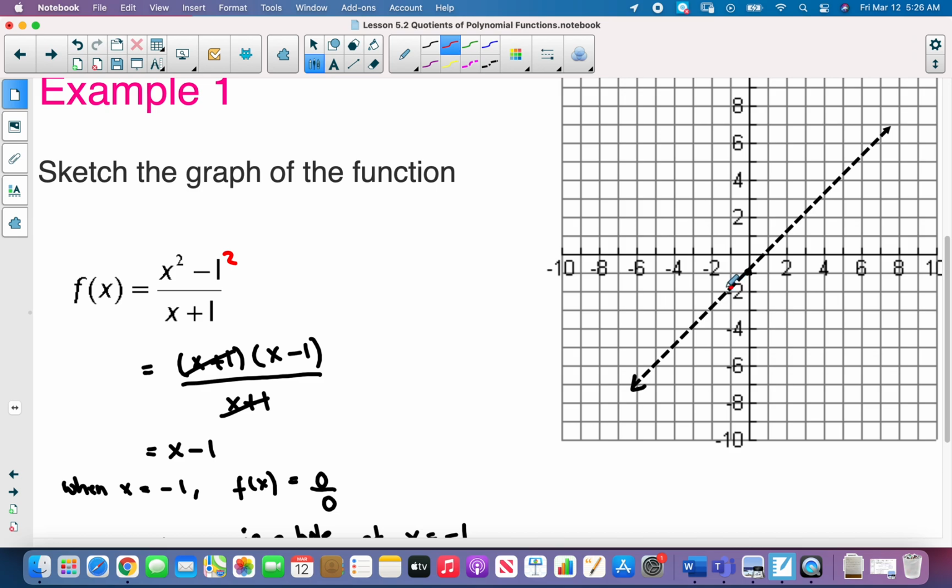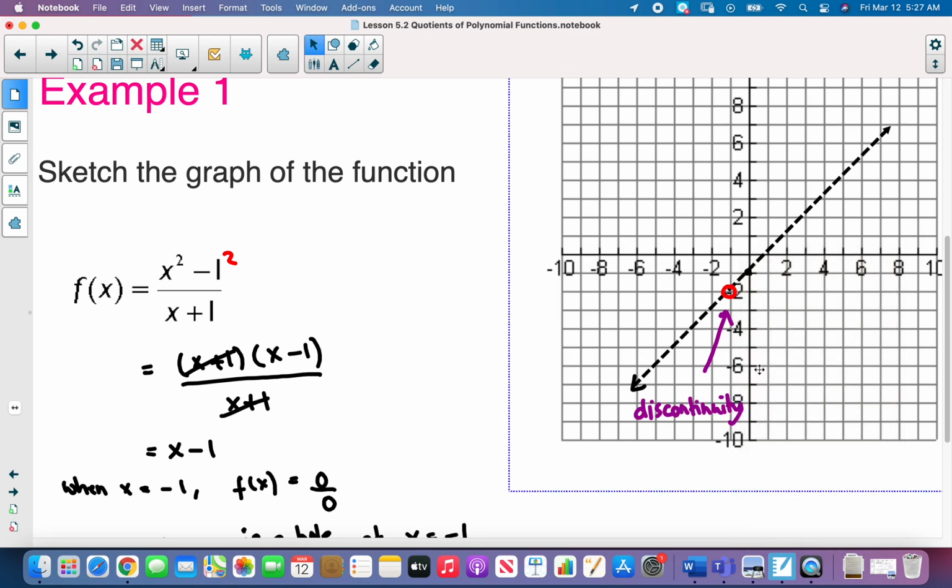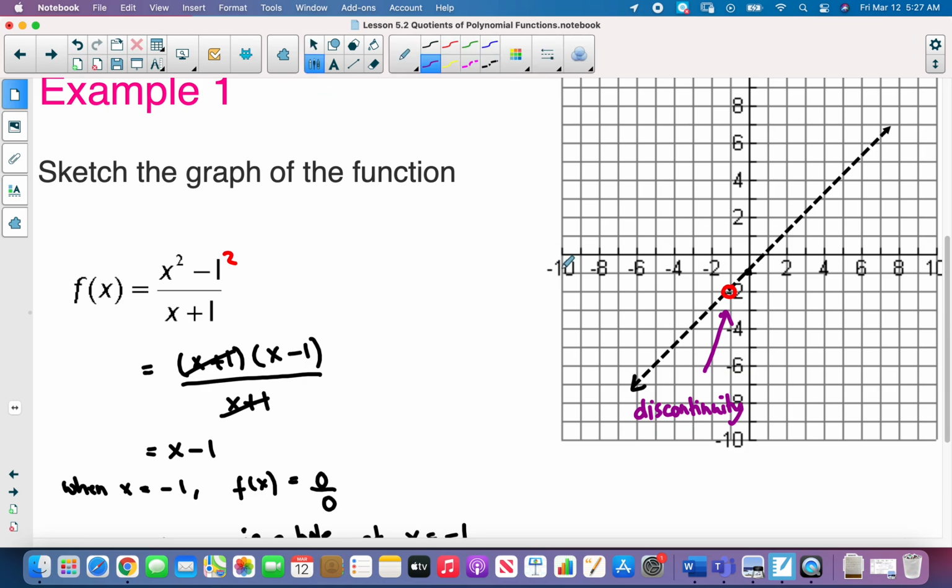So right here, there would be a hole in the graph, and so there's a break there. So we would call that a discontinuity, or a hole at x equals negative 1. Okay, so that's how we would graph it.